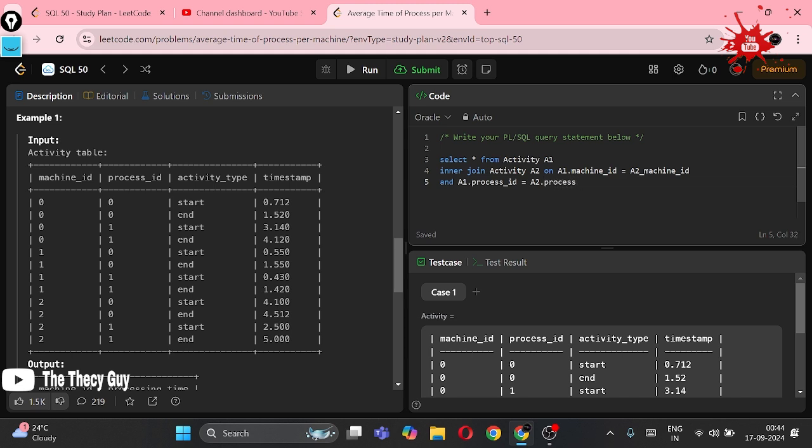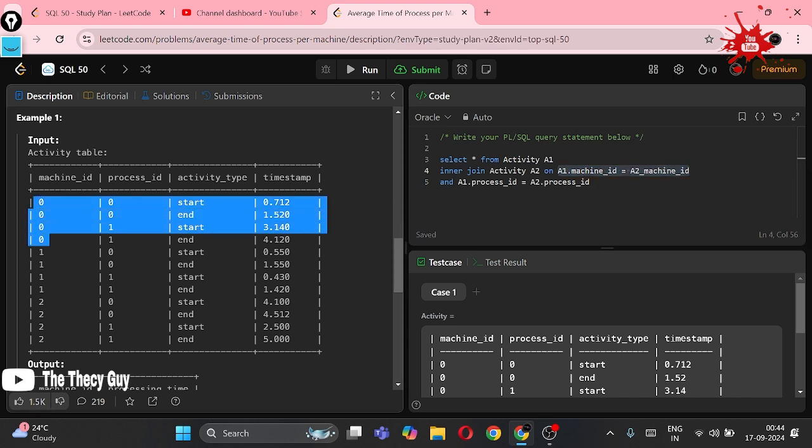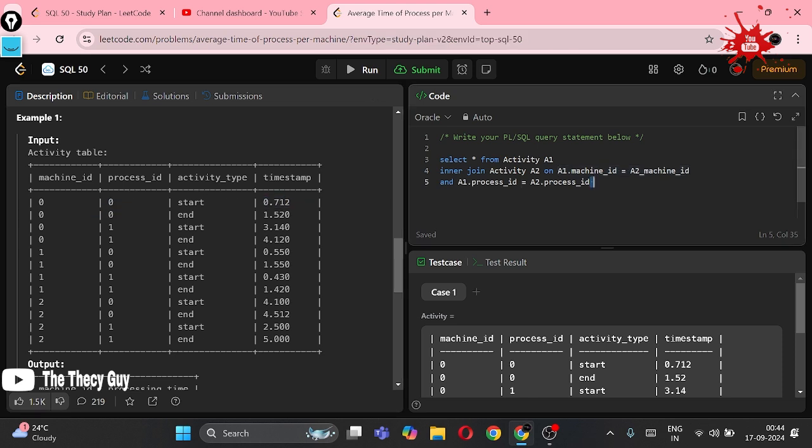I want all my answers in a line so that it will process this condition. For example, these IDs are equal, so I will get this data. Now I just want to compare this data by process ID, so I am equating process ID as well.